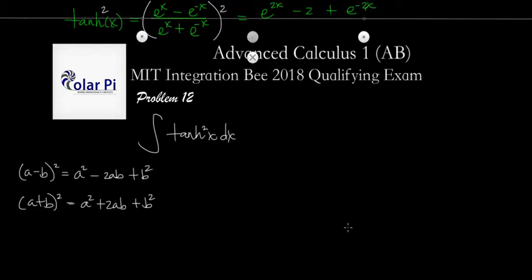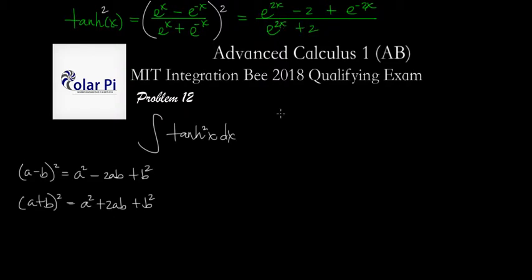And then the denominator is going to turn into e to the 2x plus 2 plus e to the negative 2x, right?